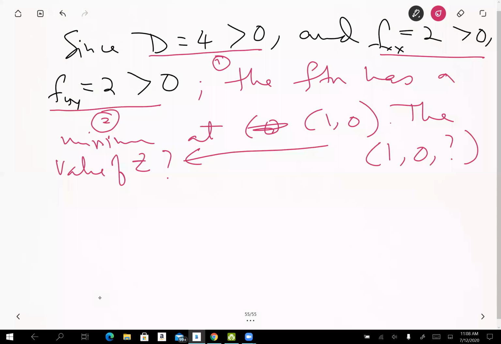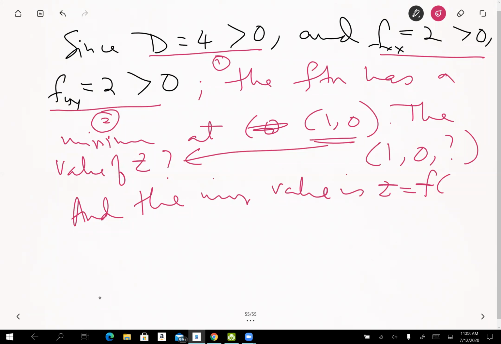So what does it mean? It means that the function has a minimum value at 1, 0, and the minimum value is the value of z, the value of the function at 1, 0, whatever value you get. Okay, so that is our first example. Any question?